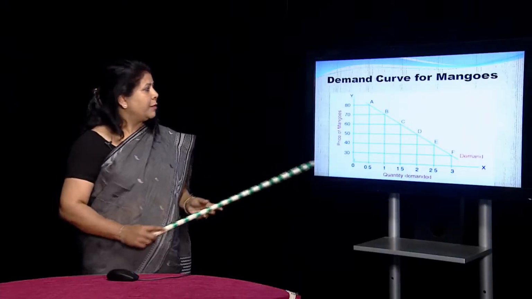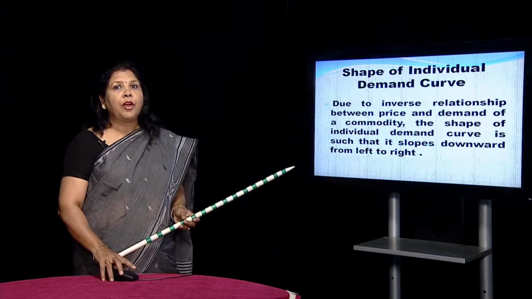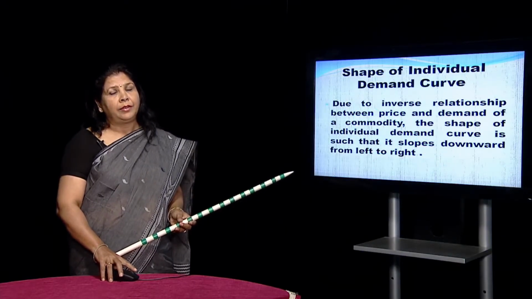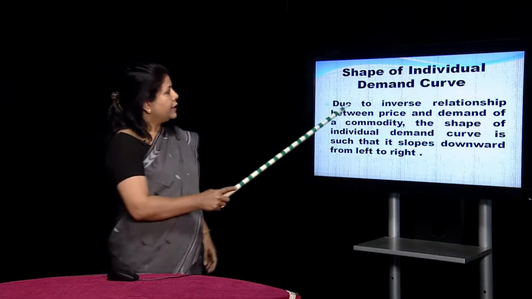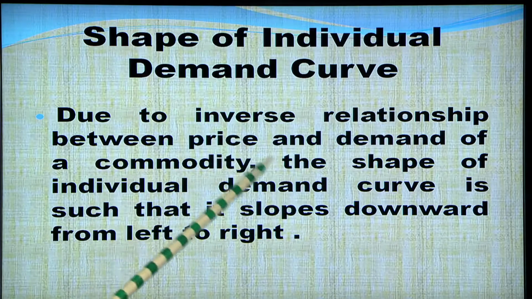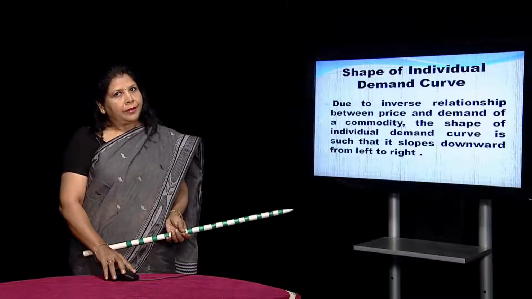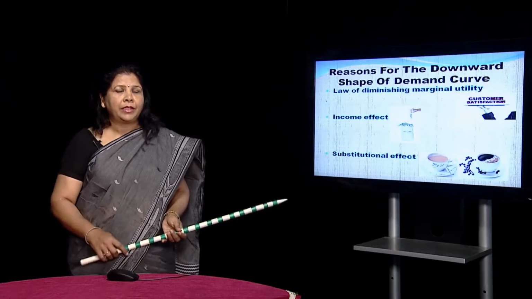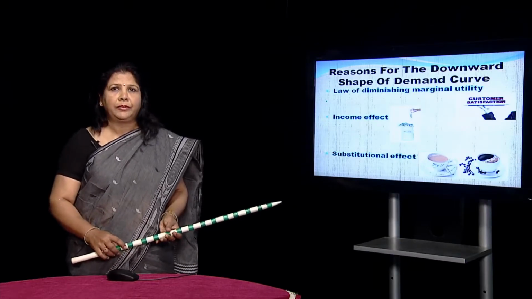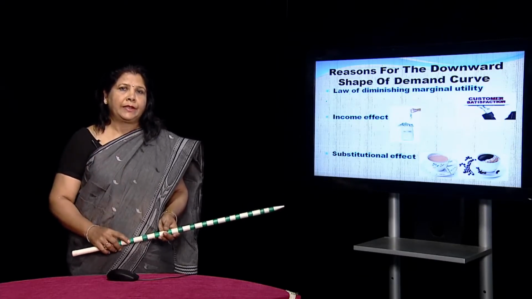Kindly note the shape of the demand curve, it is downward sloping. That is, it is falling downwards from the left to the right. And this is due to the inverse relationship between price and demand of a commodity. I hope the shape of the demand curve is very clear to each one of you. Now, why does this inverse relationship arise?